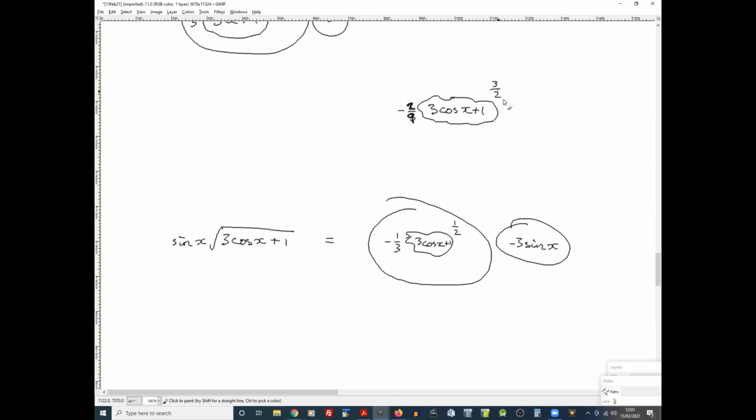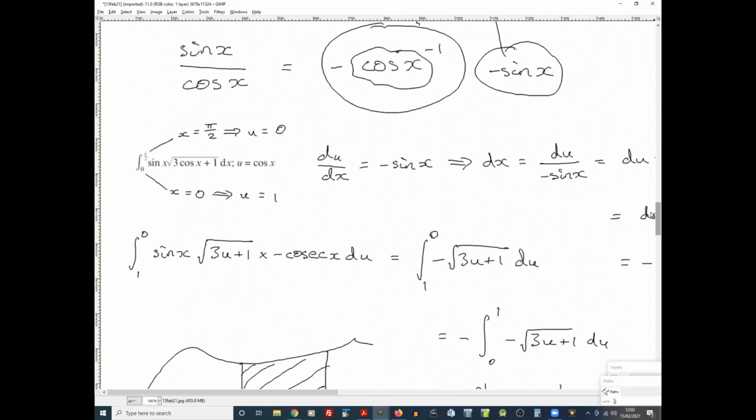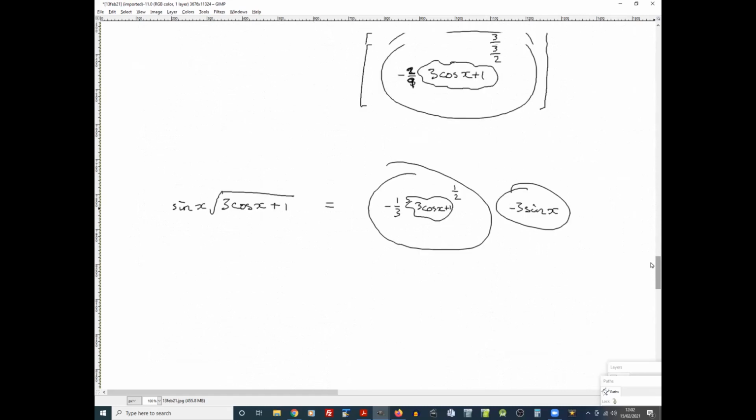And then we can check that. So 3 halves times minus 2 over 9 is minus a third times that to the reduced power. All times that, and then they cancel. And we should have what we had earlier. But this time the limits will be what they were given as, which was 0 to pi over 2.